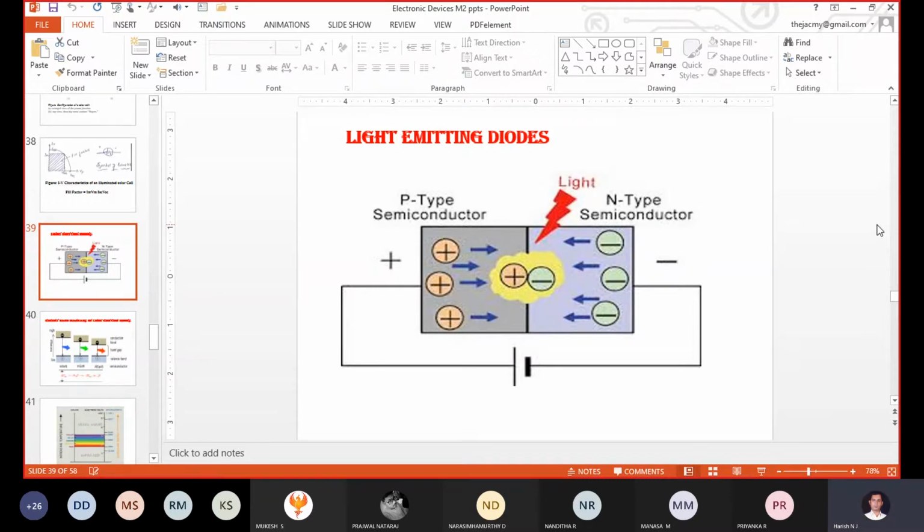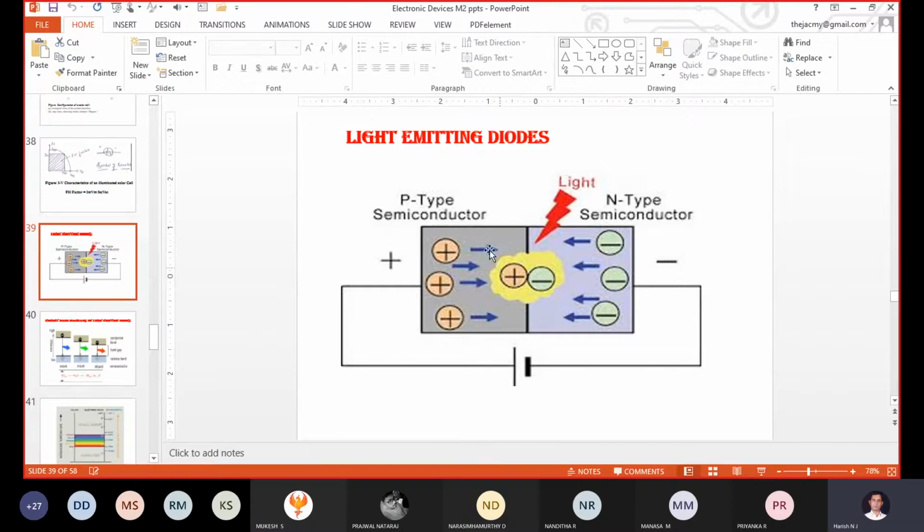What will happen if you provide this kind of biasing to the PN junction diode? Current flows. The charge carriers start migrating from one place to another, because the p-type semiconducting material has holes as the majority and the n-type has electrons as the majority.